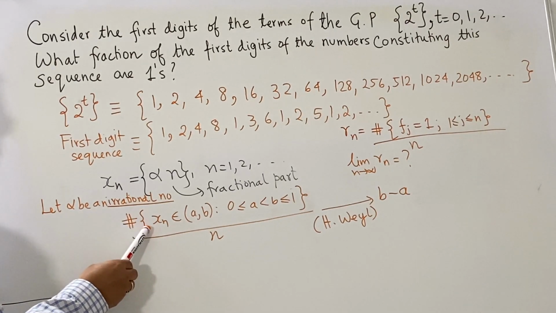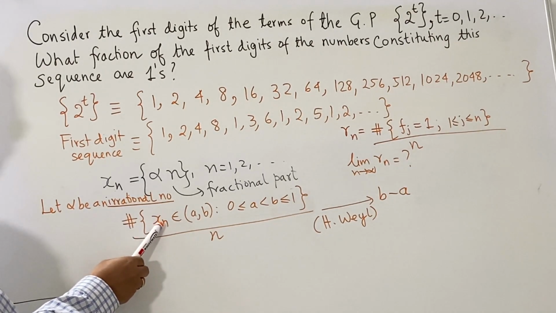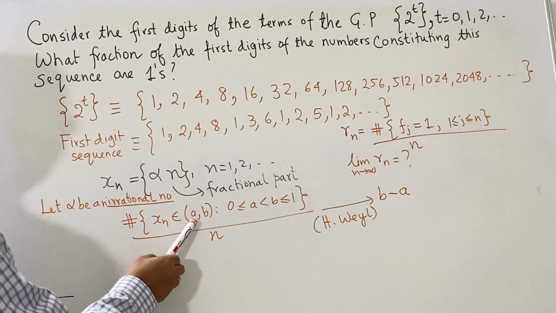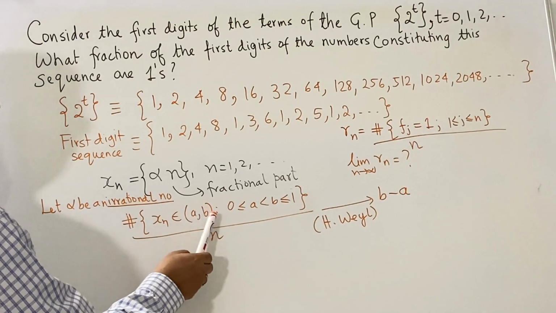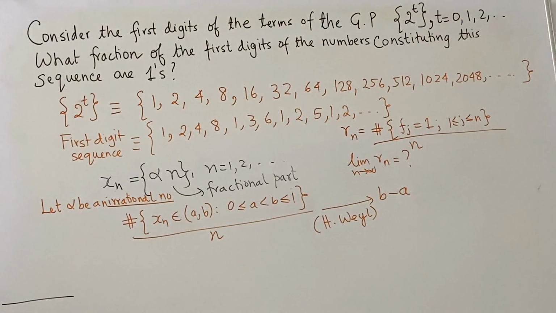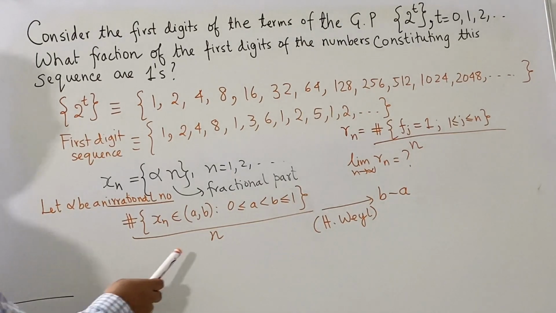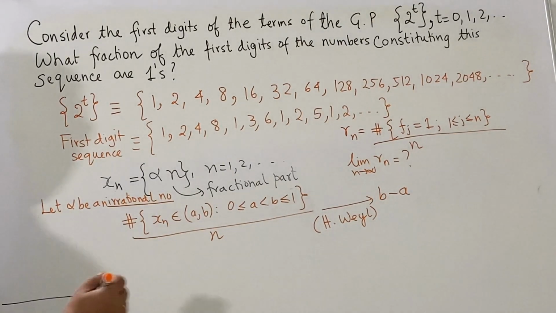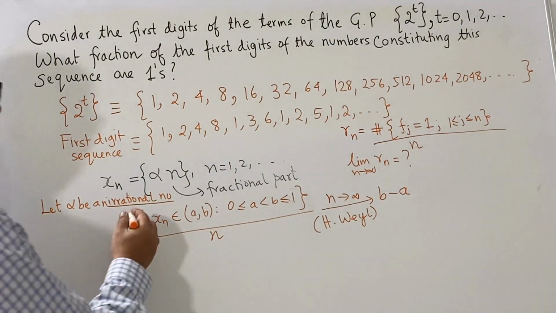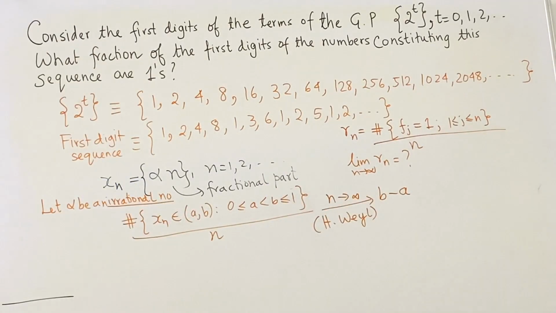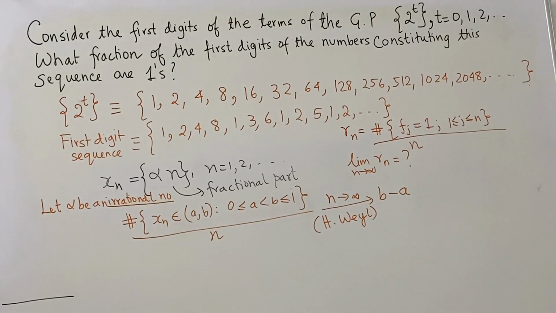In the numerator, we have the number of terms xn which belong to the open interval (a, b), where 0 is less than or equal to a, less than b, less than or equal to 1. So this open interval (a, b) is a subinterval of the closed interval [0, 1], and we divide by n. Now as n goes to infinity, a deep theorem due to H. Weyl tells us that this ratio converges to b minus a. And this result will be required for us to find the limit of Rn as n goes to infinity.